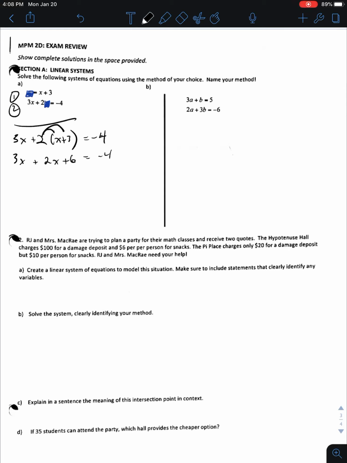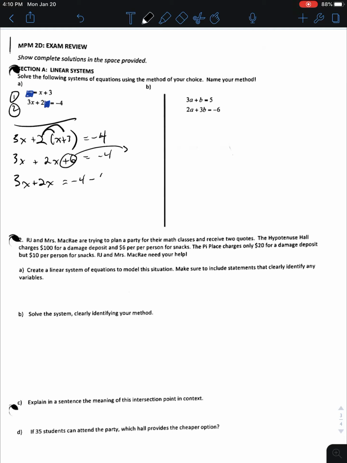Now, you can do this one of two ways. I would move the 6 over, so negative 4 minus 6. I'm going to subtract 6 from both sides, or move it over.